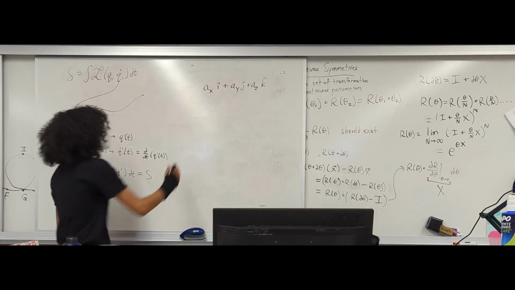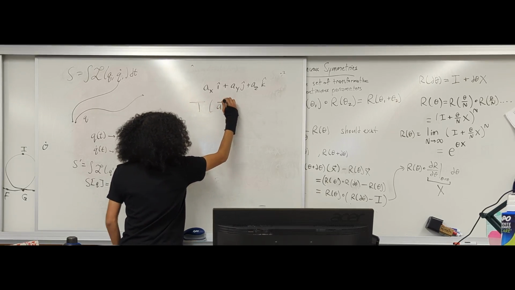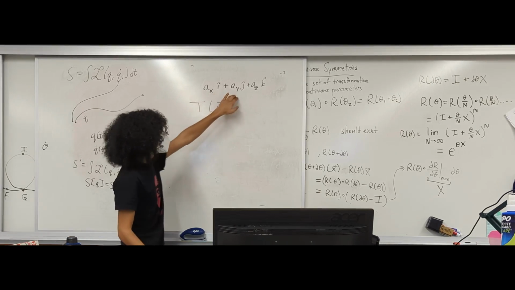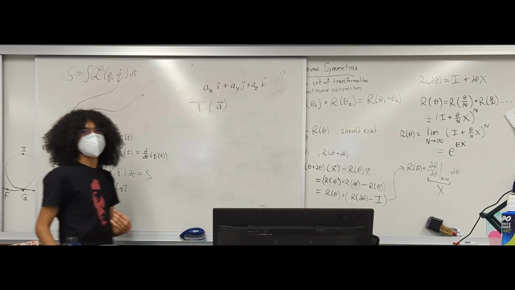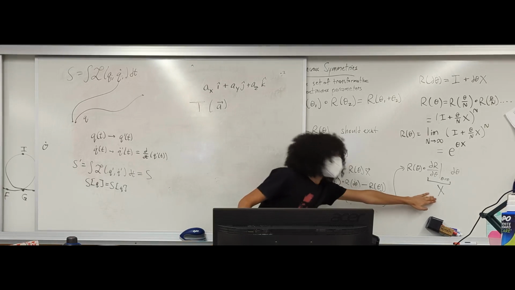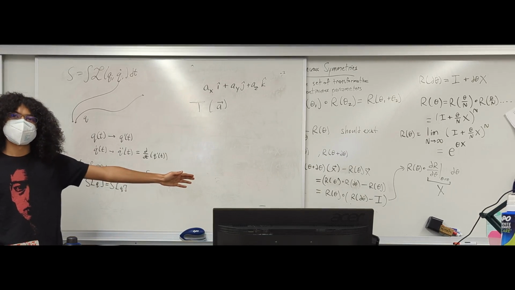So if you think of a translation that's parameterized by this translation vector a, there are 3 real parameters to that.